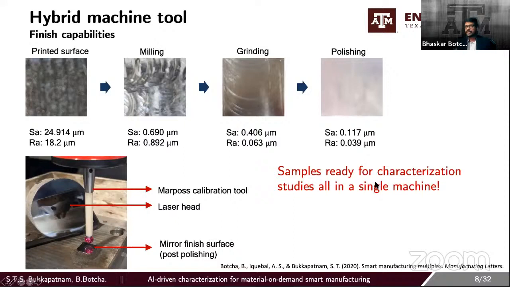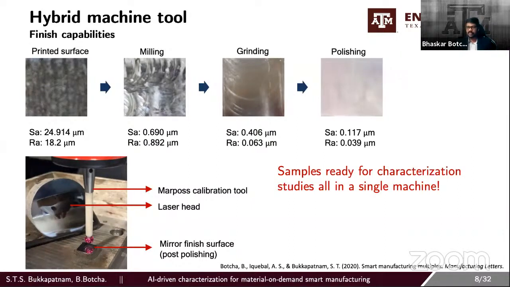So what we get from this is that the samples are ready for characterization studies all in a single machine. If we have to go into nano indentation and find the nano hardness of some material which we have just printed with a particular composition, getting that part ready for characterization normally takes multiple machines and multiple processes.